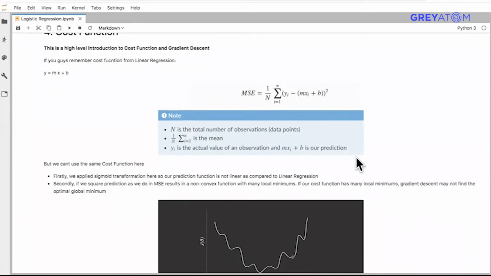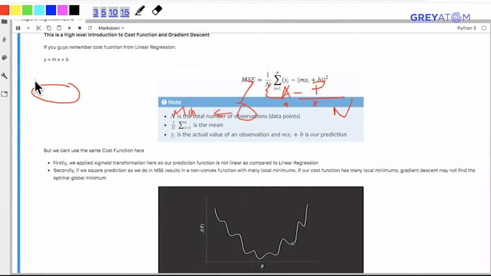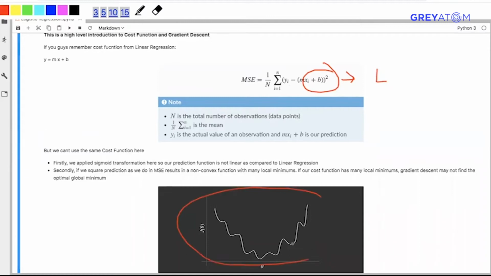Secondly, keeping the math aside and talking verbally, if we try to square the errors of the predictions in a logistic function, it leads to a non-convex function, something like this. It's a very non-convex function.